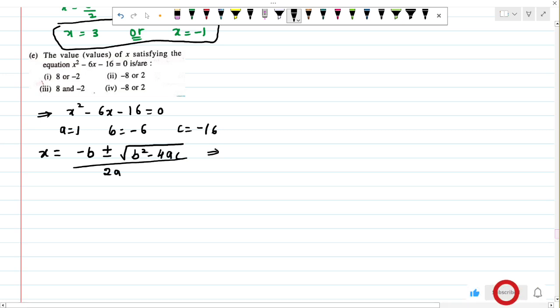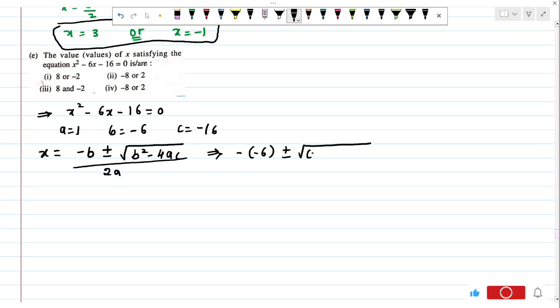So if I substitute the values, minus b as minus of minus 6, plus or minus root of b, which is again minus 6 square, minus 4 into a which is 1, into c which is minus 16, divided by 2 into a which is 1.